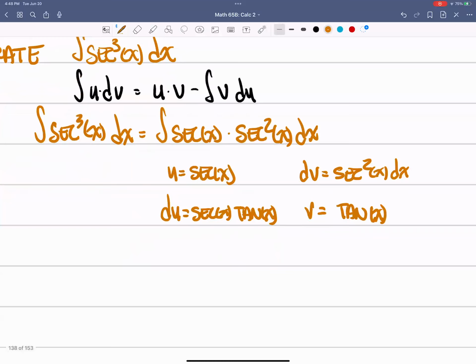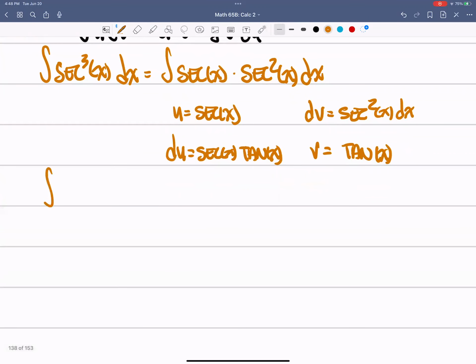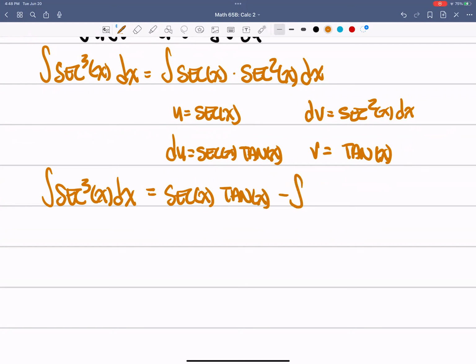So now let's rewrite this whole thing. The integral of secant cubed x dx is equal to u times v, so secant x tangent x, minus the integral of v du.